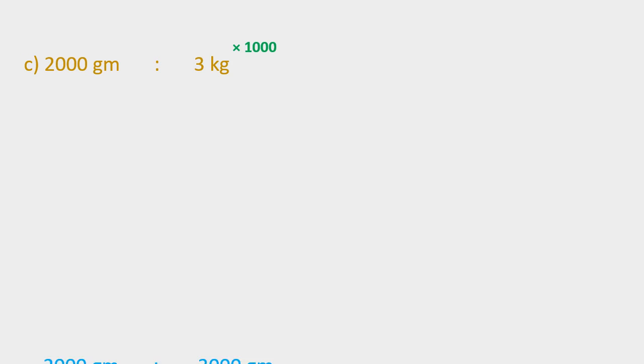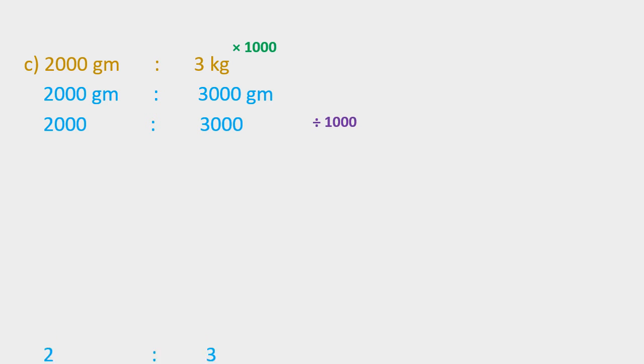Then we have the ratio 2000 grams to 3000 grams. We can ignore the units, the grams. Then we have the two numbers 2000 to 3000. We must simplify this ratio by dividing by 1000. Then we have the ratio 2 to 3, and it's the simplest form.